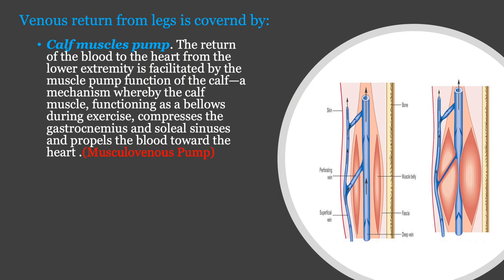Now, venous return from the legs is influenced by many factors. First, the calf muscle pump. The return of blood to the heart from the lower extremity is facilitated by the muscle pump function of the calf, a mechanism whereby the calf muscle, functioning as bellows during exercise, compresses the gastrocnemius and soleal sinuses and propels the blood toward the heart.